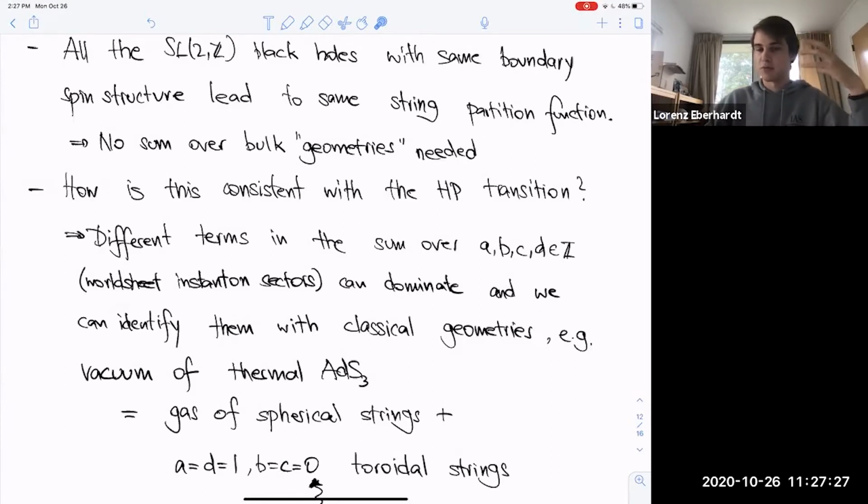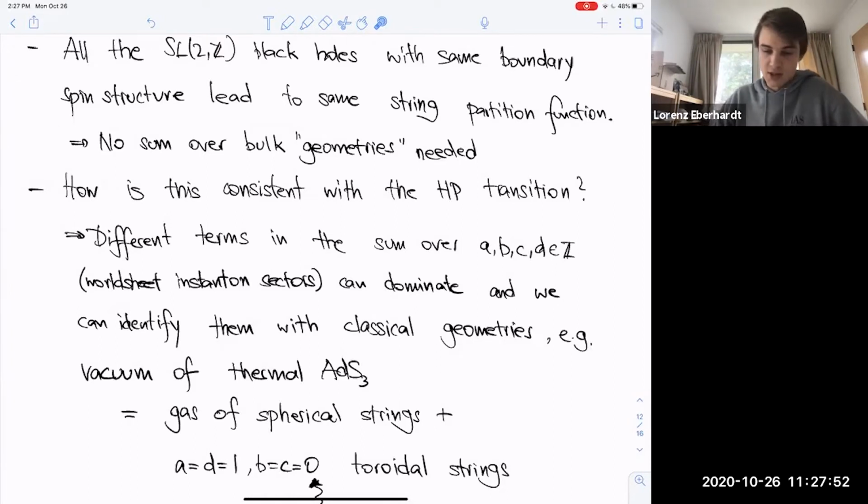From the point of view of string theory, we would say the string partition function is always dominated by the sphere partition function that sees the geometry. If you now raise the temperature in the boundary, then there's a phase transition from thermal AdS3 to the black hole phase. Usually you have two different geometries that contribute differently. So how can it be that here you have only one geometry?